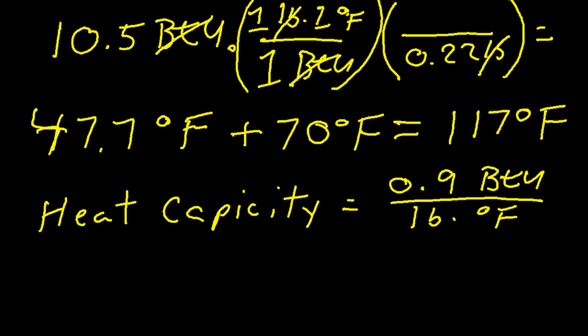And you just have to be careful to make sure that when you do that, you take whatever you find on the internet and you make sure that it comes out the right way. And this is the right way, because what it says is that I only need 0.9 BTU to heat up 1 pound of water 1 degree Fahrenheit, i.e. it would heat up more than water would.